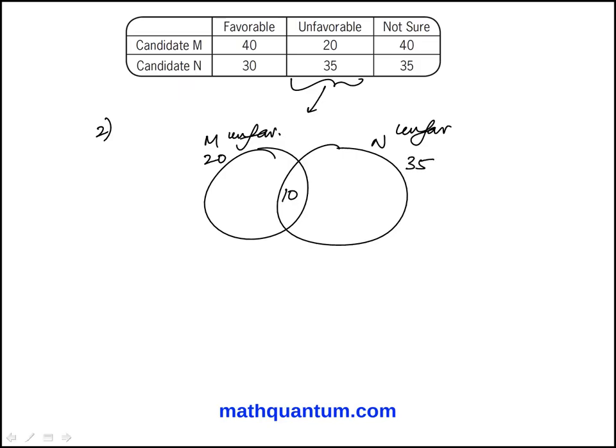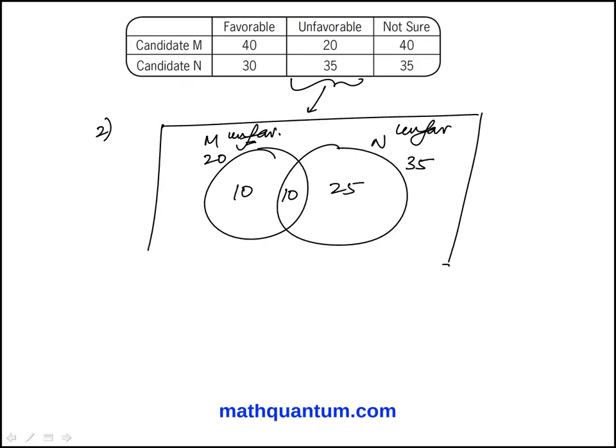That region is 10, which means people who gave unfavorable to M only and not to N would be 10, and this is 25. So this outside region here, if I add these three, that's 45, this is 55.